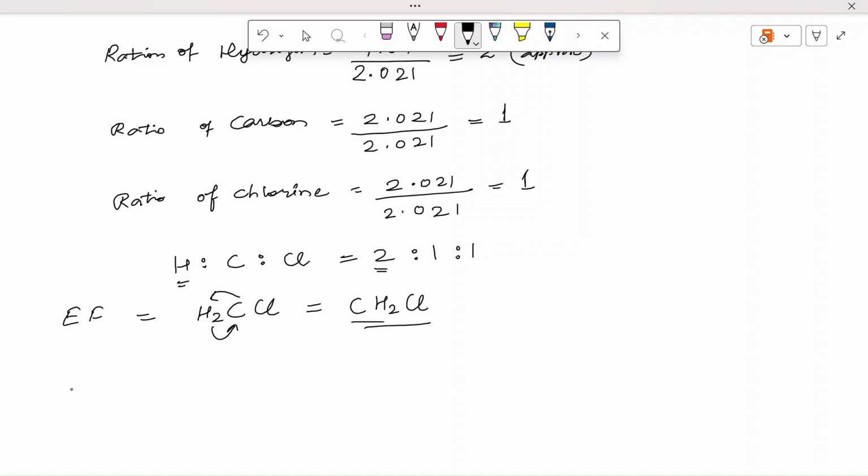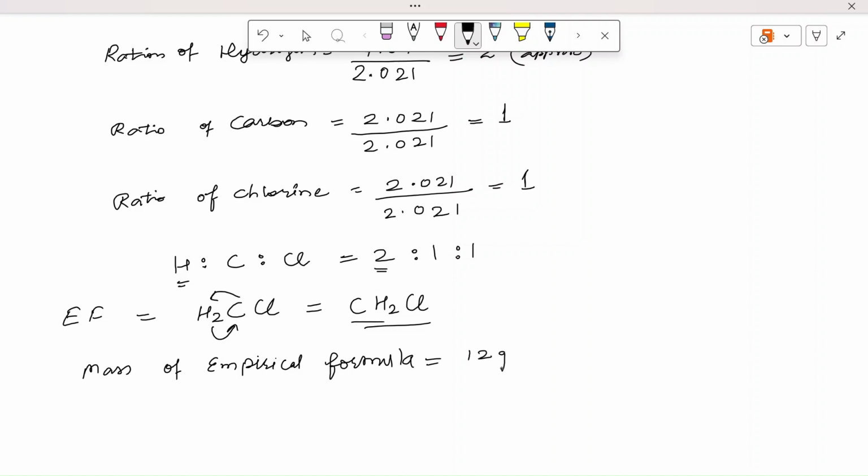So the mass of the empirical formula is, once again, as I have told you earlier, how to calculate the mass. We have to write down the masses of all the elements separately, multiplied by their number of atoms. So carbon has 12 gram approximately.